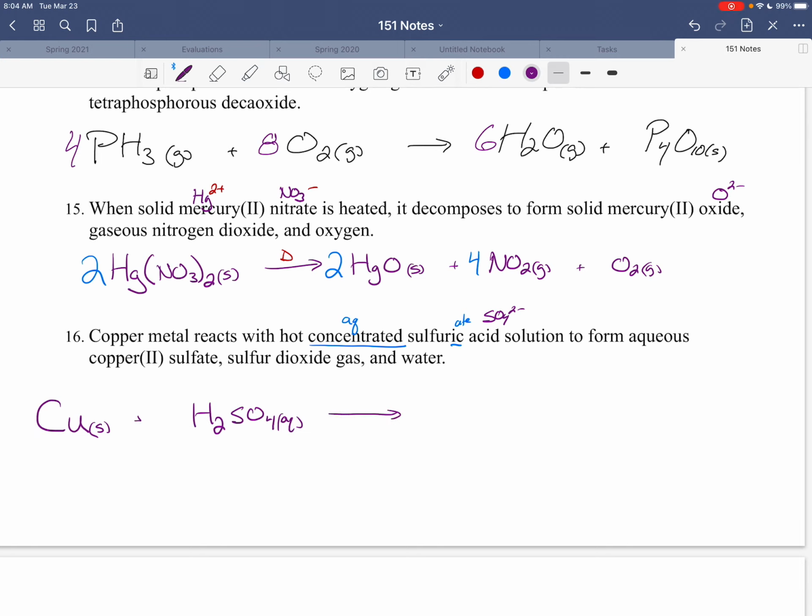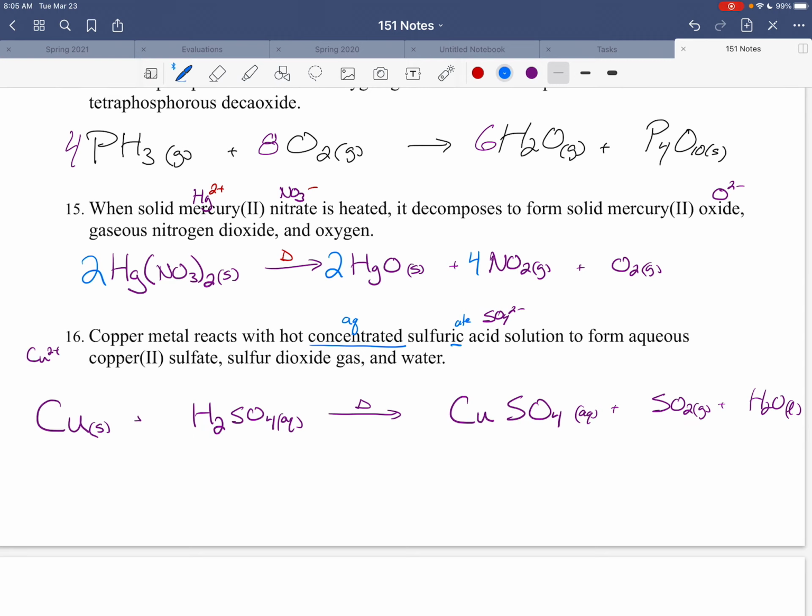And that's hot. To form aqueous copper(II) sulfate, CuSO4. So copper(II) would be Cu2+. Sulfate is SO4 2−, so that's good together. Sulfur dioxide gas, SO2 gas, and water, H2O liquid. Excellent. Is it balanced? Well, copper is good.